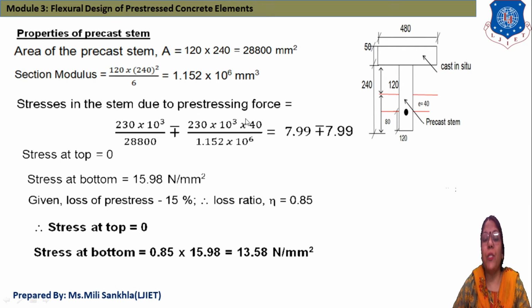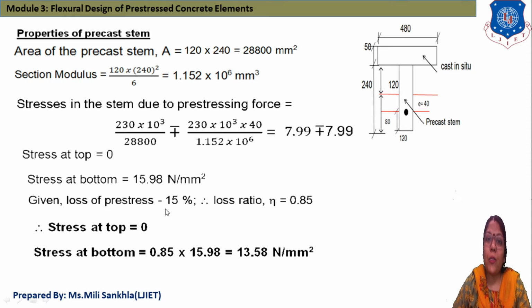The answer of this stress due to pre-stressing force, we discuss for bottom, that is equal to 7.99 plus 7.99, that is equal to 15.98 Newton per mm square. Because at top this one is for cast in situ, we consider at top as 0. We discuss the stresses at bottom because we discuss for unpropped.